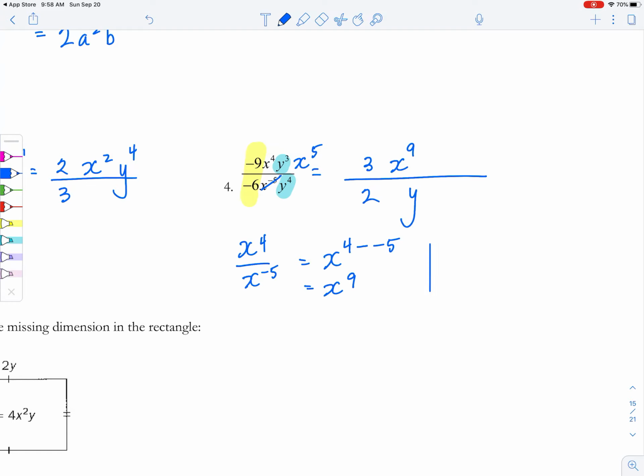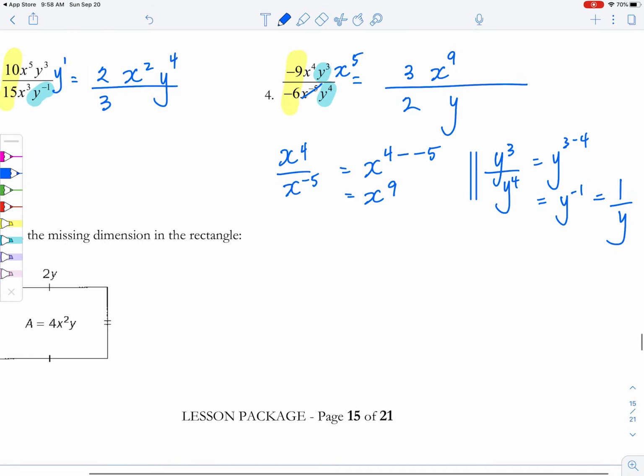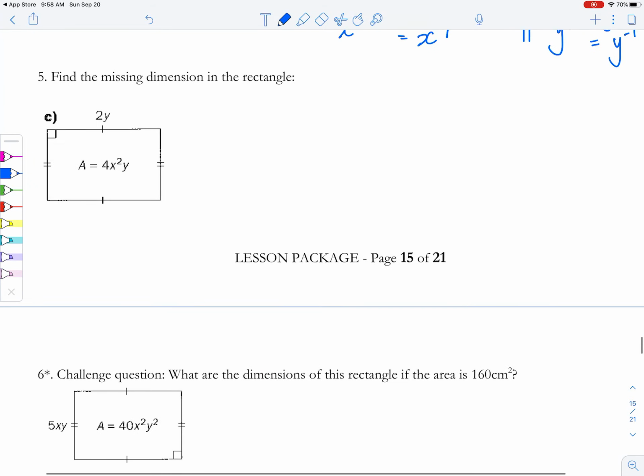And similarly, if we were going to do the same with the y's, we'd have y to the 3 over y to the 4 equals y to the 3 minus 4, which would be y to the minus 1, which would give me 1 over y. So exponent rules work, or we can just think about how many of each variable we have up top.